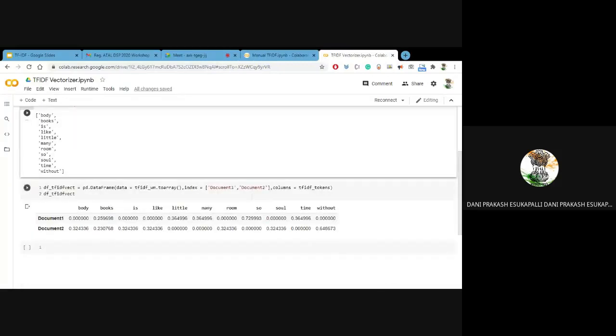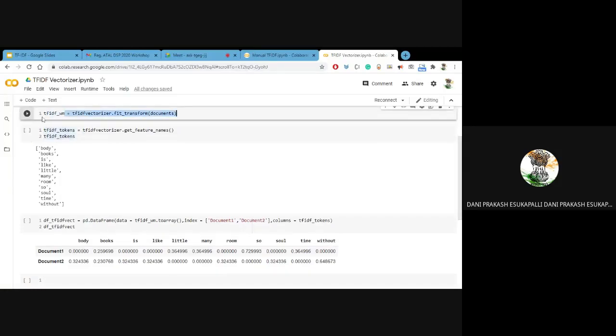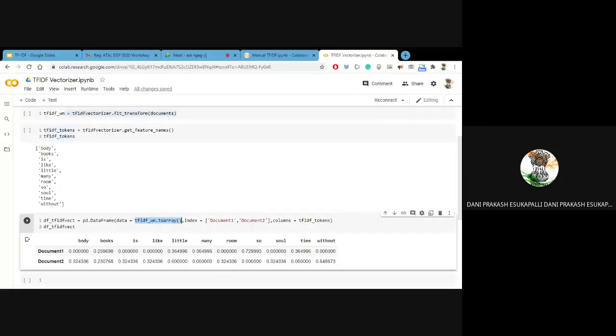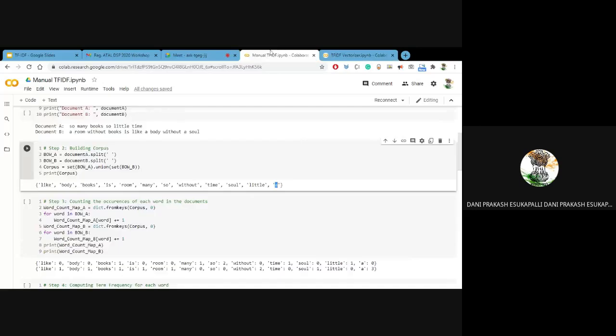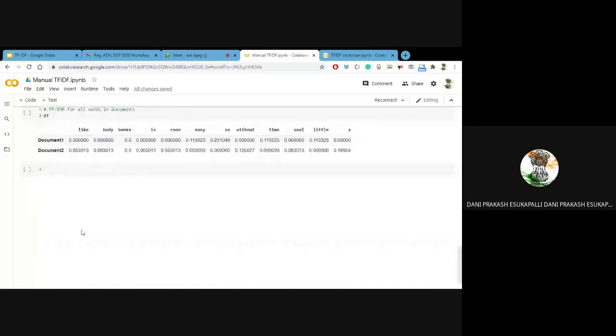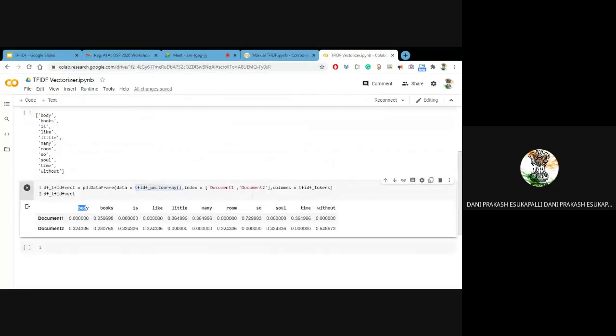Now we will use this TF-IDF matrix and convert it to an array, so that will give the same thing we got here. The "body" word will have 0 TF-IDF in document 1 and 0.324 in document 2.